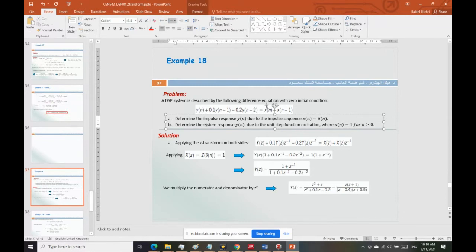Alright, so we're given this difference equation. We can apply the Z transform on it, on the right hand side and the left hand side, both, of course using the properties of the Z transform, namely that the Z transform is linear.